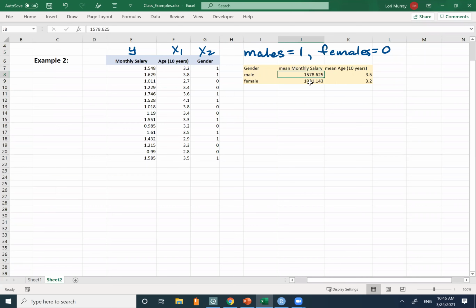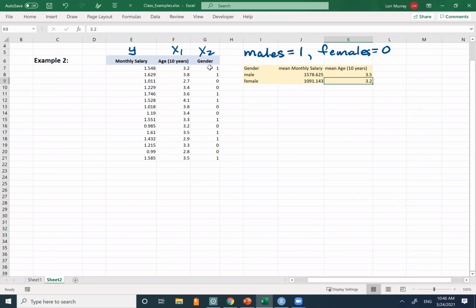The average monthly salary for the males is $1,578.625, and for the females it is $1,091. The average age for the males is 32, and for the females it is younger, 35 versus 32.